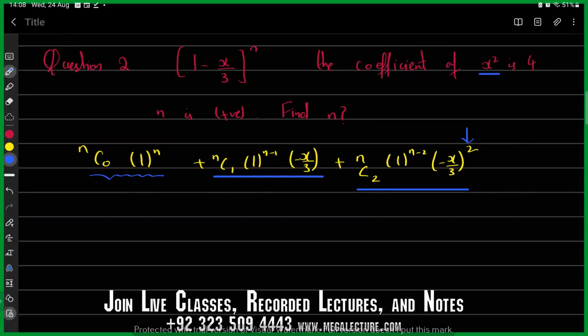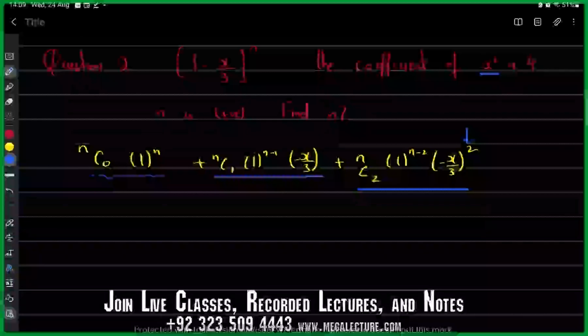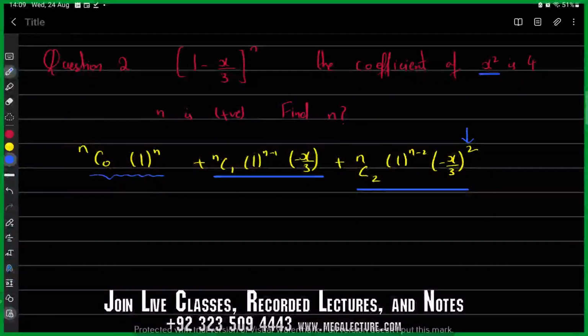You need to understand which term exactly would have x squared, only for this situation. Obviously, it could be that your x was in the denominator. After some point, the difficulty level would increase to the extent that you would not be able to understand directly whether x squared is coming in the third term or the fourth term.